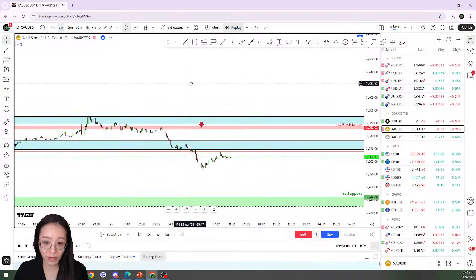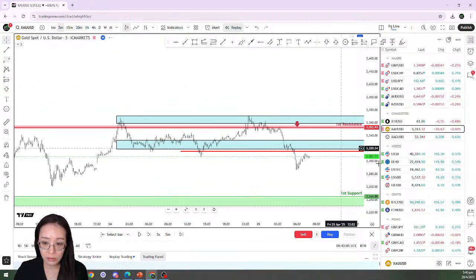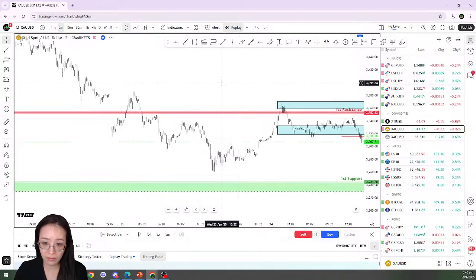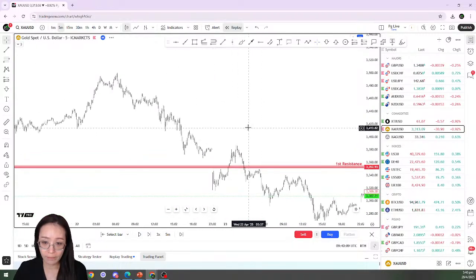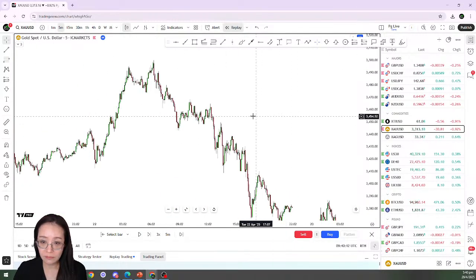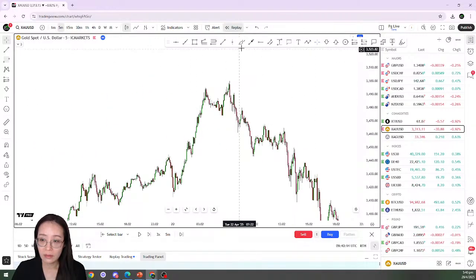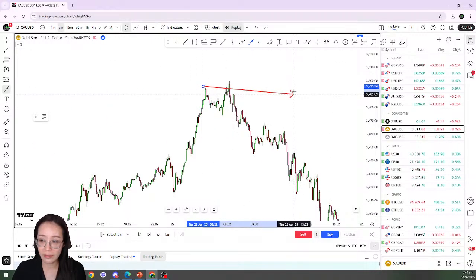For example, if you want to trade gold, you can use the chart pattern in a lower time frame as well. For example, here, this is our high.